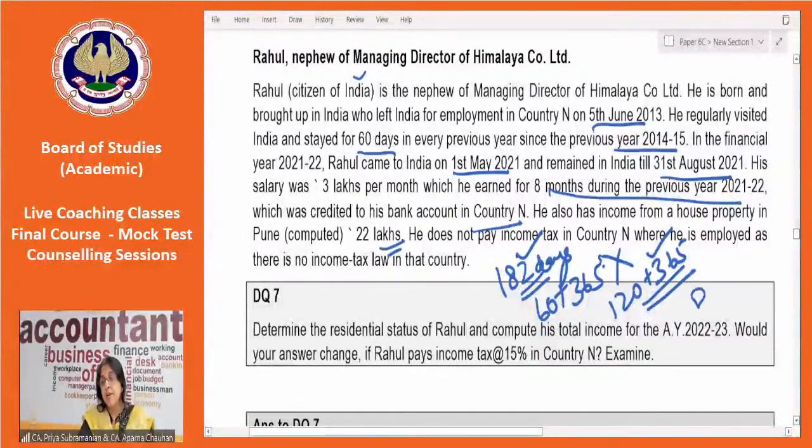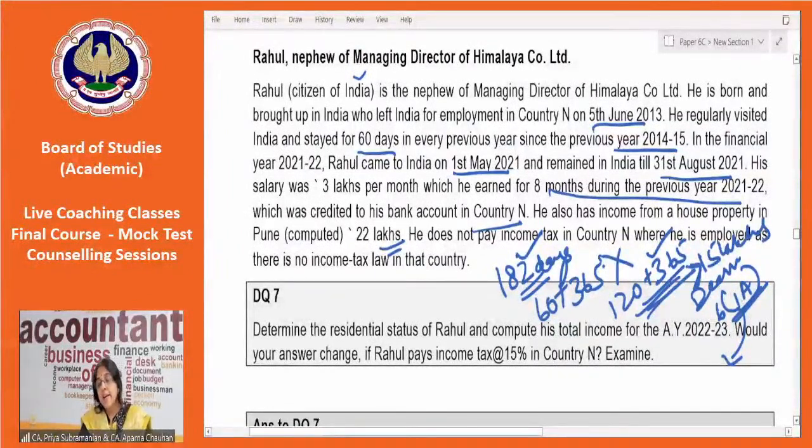Also, Section 6(1A) talks about the deemed residential status. In this case, he does not pay income tax in the country where he is employed, as there is no income tax law in that country. The 120-365 condition will also apply provided his total Indian income exceeds 15 lakhs. Indian income, not foreign income.